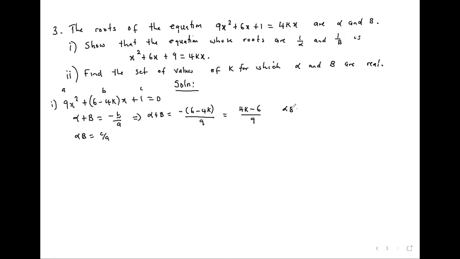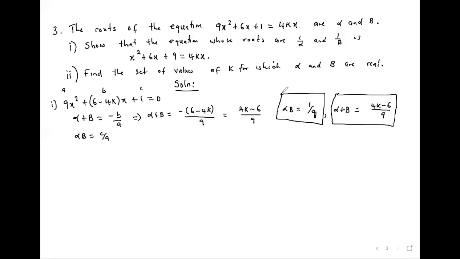And alpha beta is c over a, where c is 1, a is 9. So now we have two equations so far. We have this one, and we also have this one.